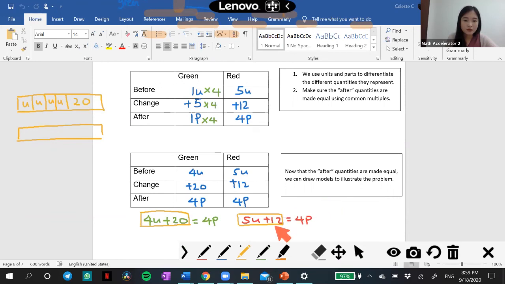As for the red, you have 5 units. 1, 2, 3, 4, 5. And whatever is left here is the 12. So what can you say about 1 unit? Anyone?